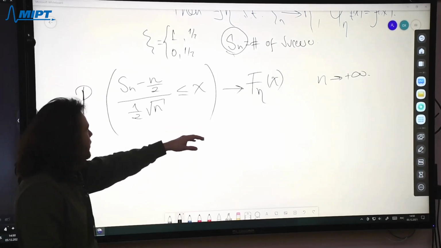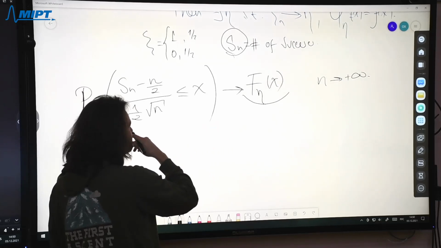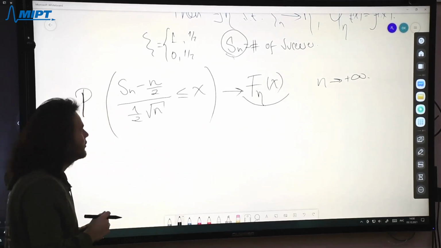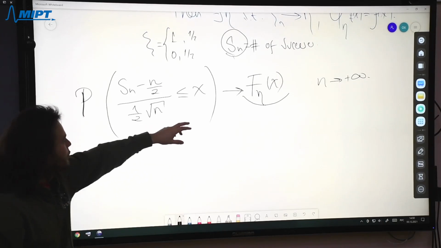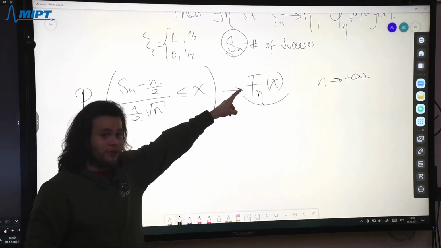So it means that, what is this? What is the probability that some random variable eta, with normal distribution, is less or equal than x?